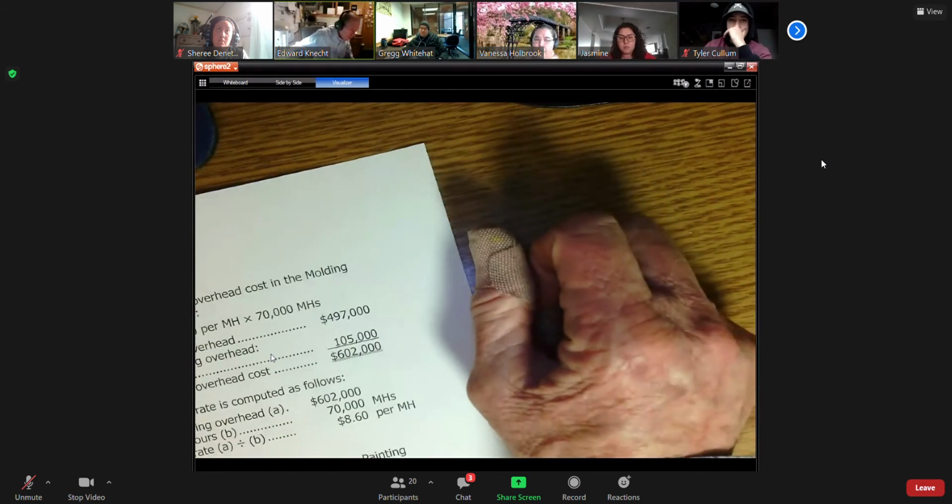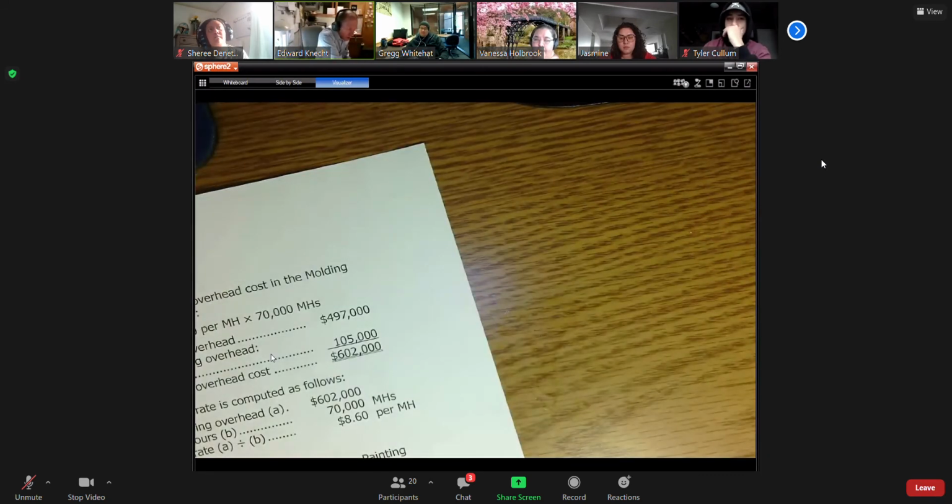Well, for one department, the molding department, the better way to apply the overhead was to use machine hours. So we use machine hours to determine the application rate, and how much we're going to apply. But for the painting department, they tell us that we're going to use direct labor hours as a better correlation as our allocation base for overhead.